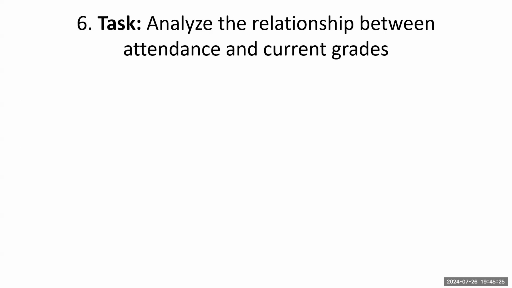I want to analyze the relationship between attendance and current grade. So I want to analyze the relationship between two continuous variables, or two variables. Relationship, two variables. What are we looking at?